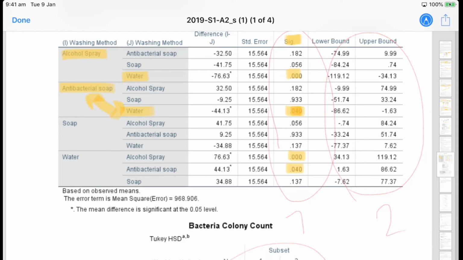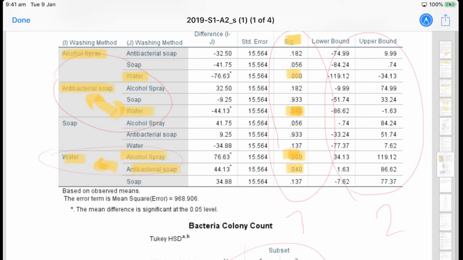And these two values in here are the exact same thing that we had up there, alcohol spray with water and antibacterial soap with water. So these are what we tested up there, and we just got them here again. That's one way to find the significance, to find which groups have different means, right?